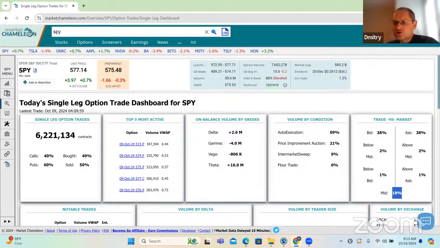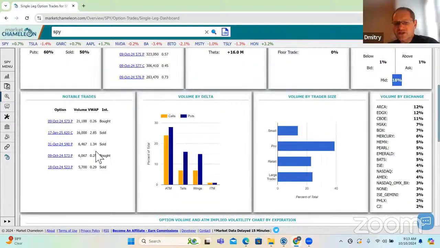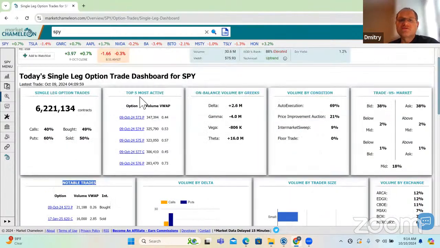All right, so let's go on now to the next piece of information. Now we have these notable trades. Okay, so the trades are a little bit different. You'll see we have top 10 most active options and then notable trades. So the active options aggregate all the traded volume in that particular option.